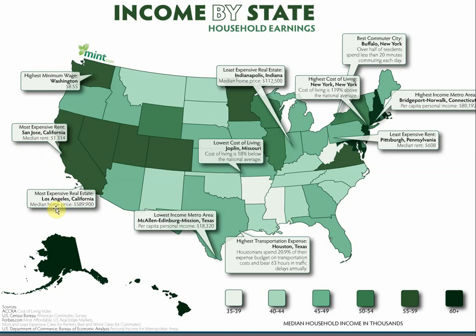They have the most expensive real estate in the entire country. So it's just absolutely insane. And then here we have some other facts, like how stuff is spent. So in Houston, we have the highest transportation expenses. Houstonians spend 20.9% of their expense budget on transportation costs and bear 63 hours in traffic delays annually. So Houston, bad traffic.